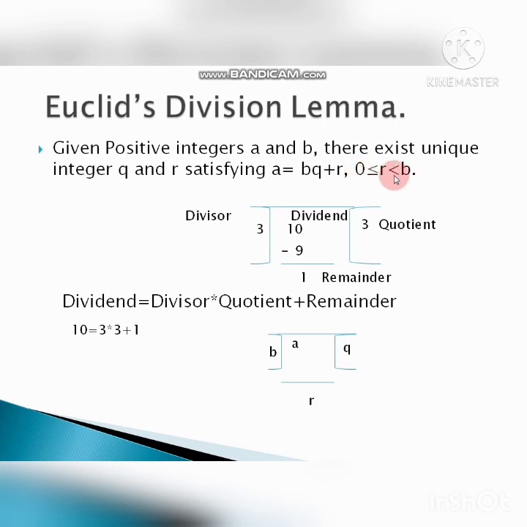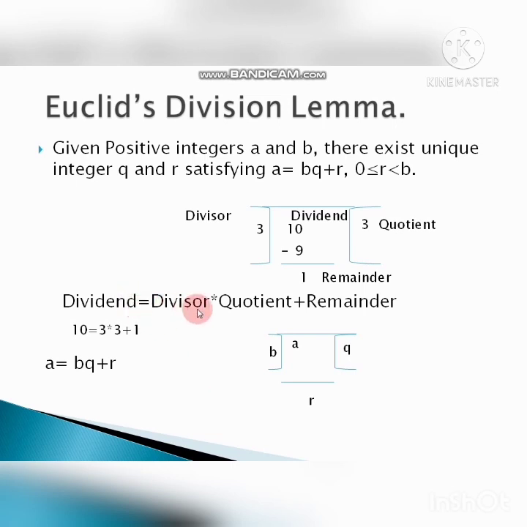The remainder can be equal to 0 or greater than 0, but it should be less than b. You take any example and see, the remainder will always be less than the divisor. The remainder is always smaller than the divisor. So the remainder should be greater than or equal to 0 but less than b.